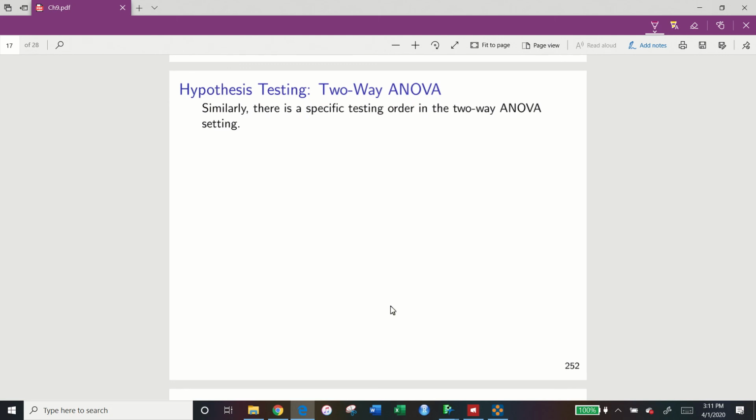Now we're going to do a similar thing for our two-way ANOVA model, and to help you out, I'm going to make this into a little bit of a flow chart. So step 1, we are going to do the overall F-test for the model.